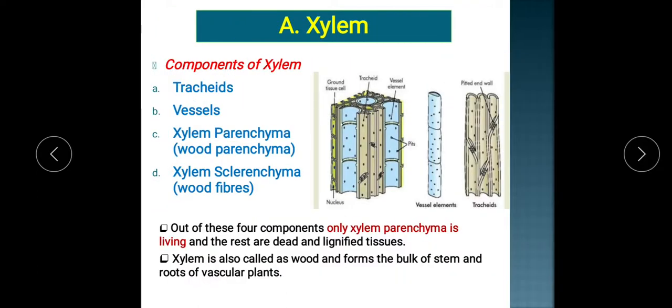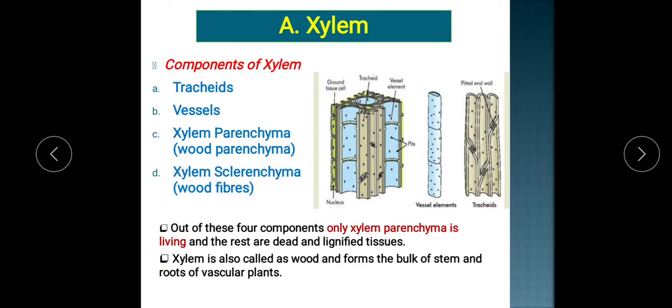First of all, we will discuss the xylem. As we have already discussed, xylem conducts water and minerals from soil to the different parts of the plant body. This xylem actually consists of four components: tracheids, vessels, xylem parenchyma and xylem sclerenchyma.